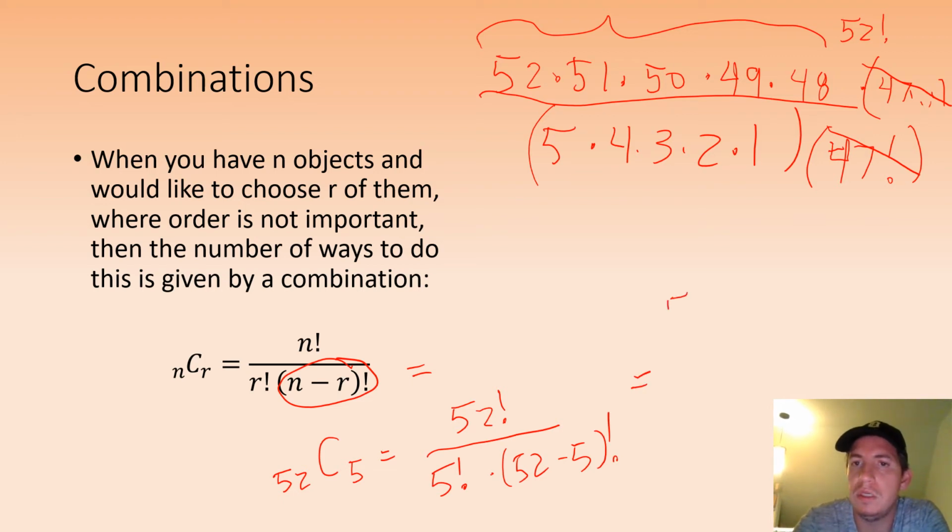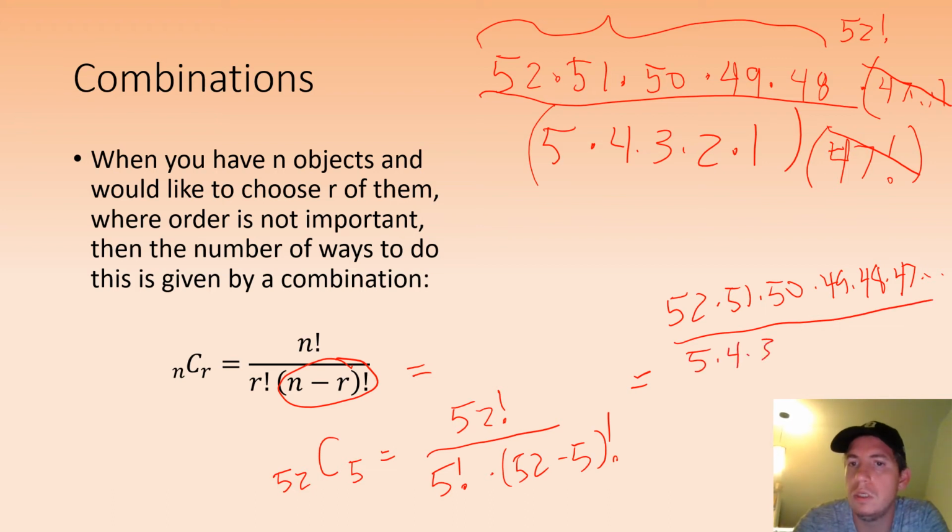That is equal to 52 times 51 times 50 times 49 times 48 times 47 and so on, over 5 times 4 times 3 times 2 times 1 for the 5 factorial, times 47 down to 1. But that 47 down to 1 would go away, and I'd be left with this. Then I just have to multiply 52 times 51 all the way down to 48, and 5, 4, 3, 2, 1 to give me the 120.